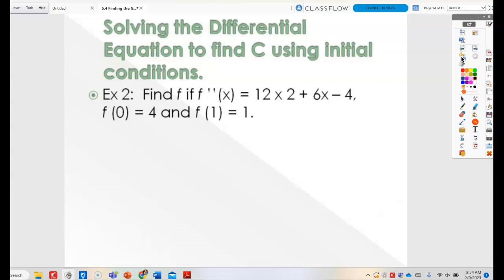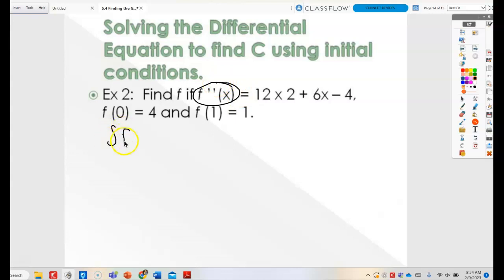F double prime is equal to 12x squared plus 6x minus 4. And then we're given f of 0 and f of 1. So I need to go from f double prime to f.